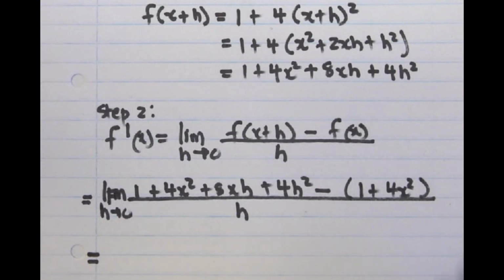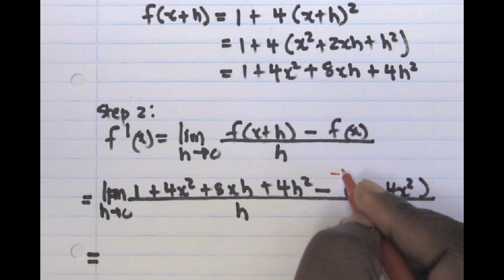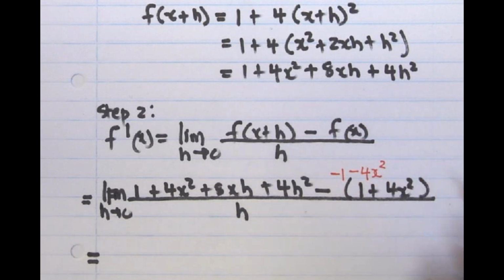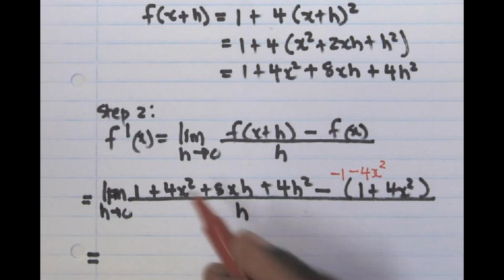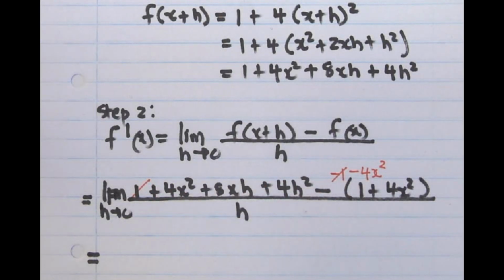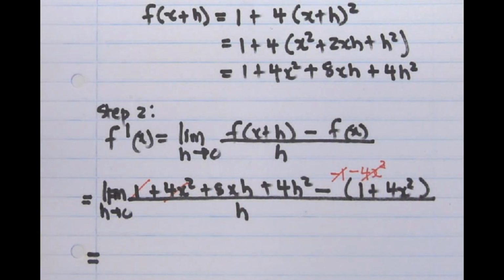Then I continue with my simplification. When I look at my simplification here, I can see that when I remove the brackets here, this part is going to give me minus 1 minus 4x squared. And when I look at my question here, I can see that this 1 here is going to cancel with this 1. And then this 4x squared is going to cancel with this 4x squared.